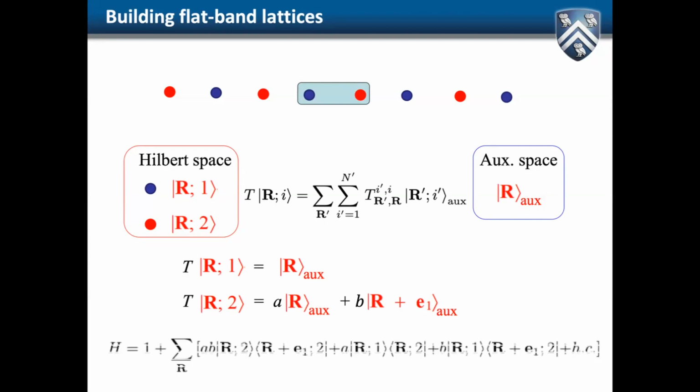And the corresponding Hamiltonian is given by this. It corresponds to some hopping between the sites, with hoppings within the unit cell and between sites from adjacent unit cells. So these are the hopping amplitudes, and A and B are completely arbitrary.